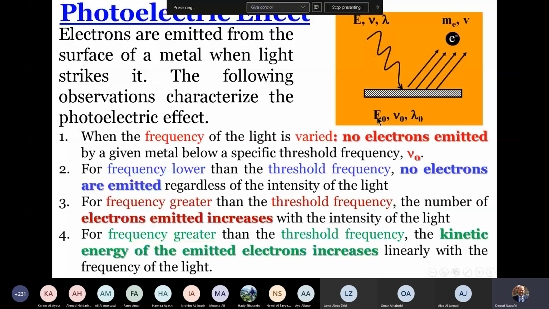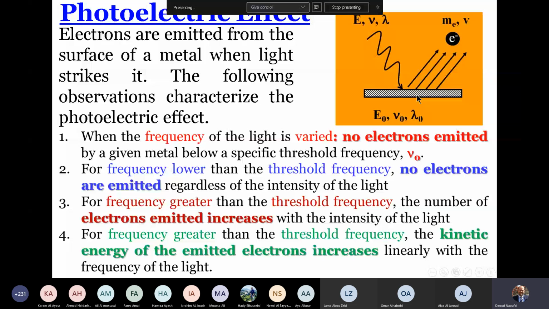Or by another way, a radiation of frequency nu greater than nu0 of the metallic piece, we call the threshold frequency. So in this case, we have releasing of electrons. Or if the radiation has a value of lambda greater than lambda 0 of the metallic piece, we have ejection of electrons from the metallic piece.